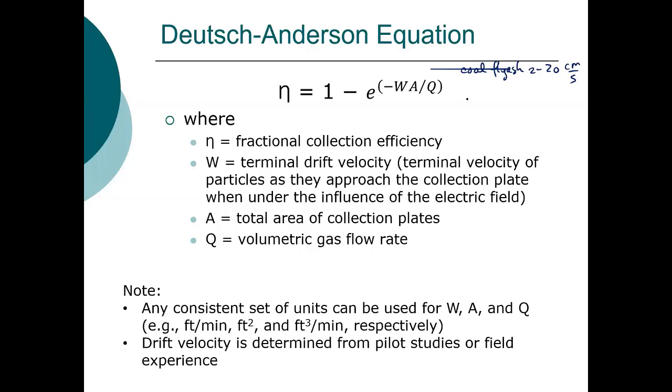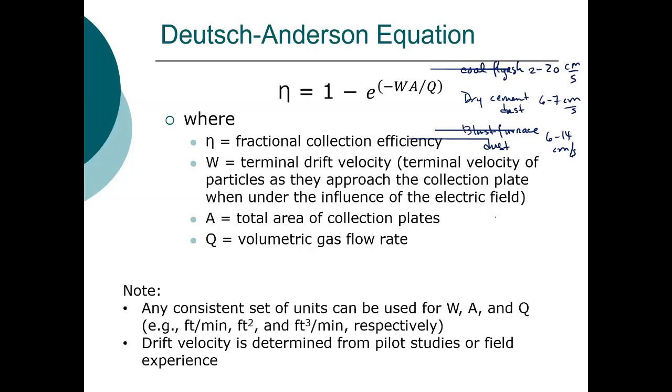For cement dust, they range from about 6 to 7 centimeters per second. For blast furnace, they range from about 6 to 14 centimeters per second, just to give you a sense of the range of these.